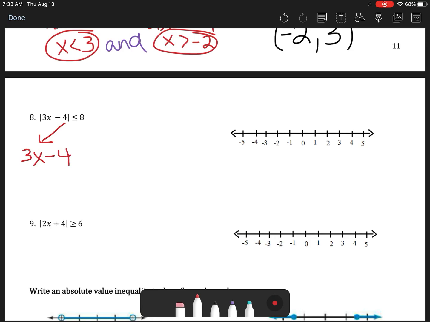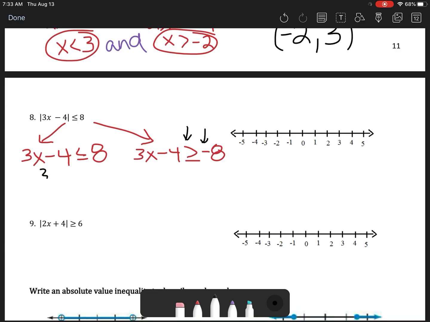We have 3x minus 4 is less than or equal to 8. The other one, we are going to have 3x minus 4 is greater than or equal to negative 8. So flip the symbol, flip the sign.